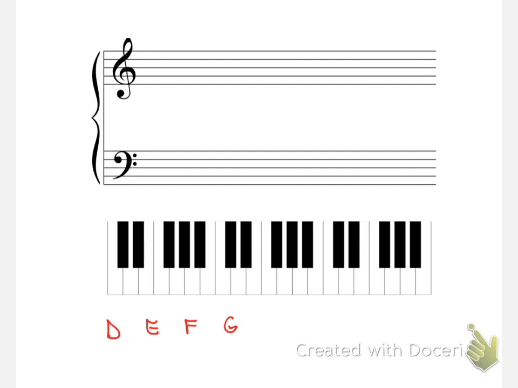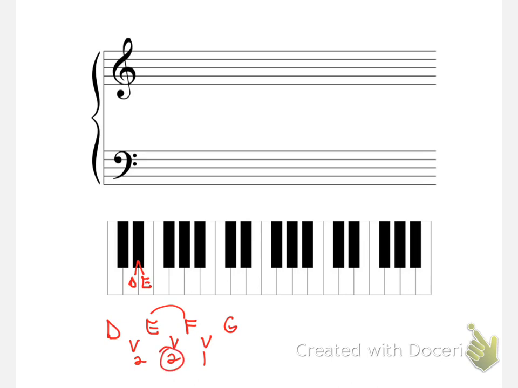All right, and what we want to do is do our pattern as we've done before. 2, 2, 1, and let's check it on the piano. If we start with D, and we move up two half steps, we will end up at E, so no problem there. But now from E to F we need two half steps.